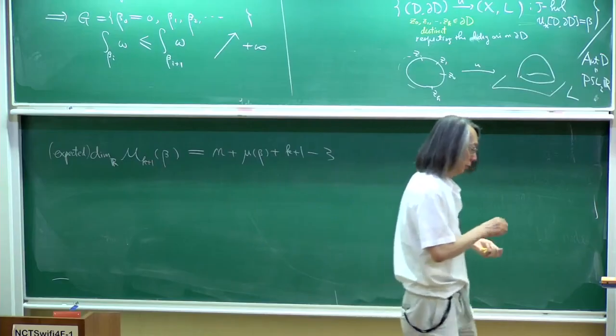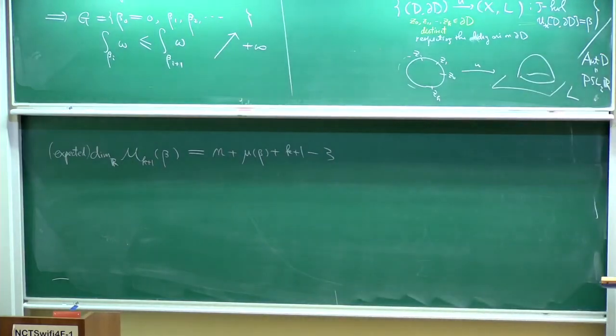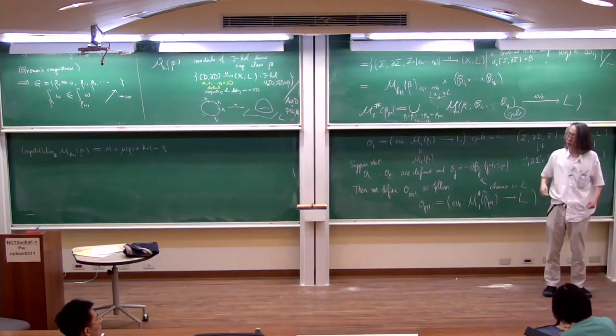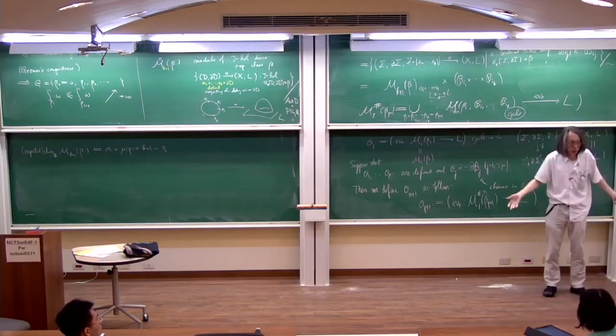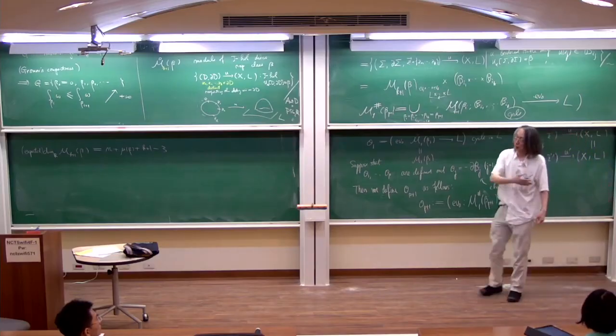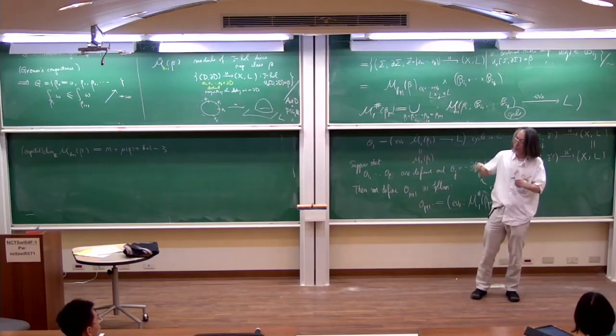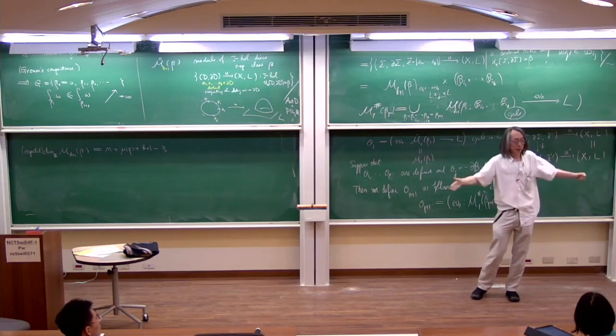So last time I discussed other things, like varying the almost complex structure and so on, in order to define the chain homomorphism or maybe chain homotopy. In such a case, I introduce such a variation of J and so on, then actually the dimension of the moduli space for this extended one really increases.